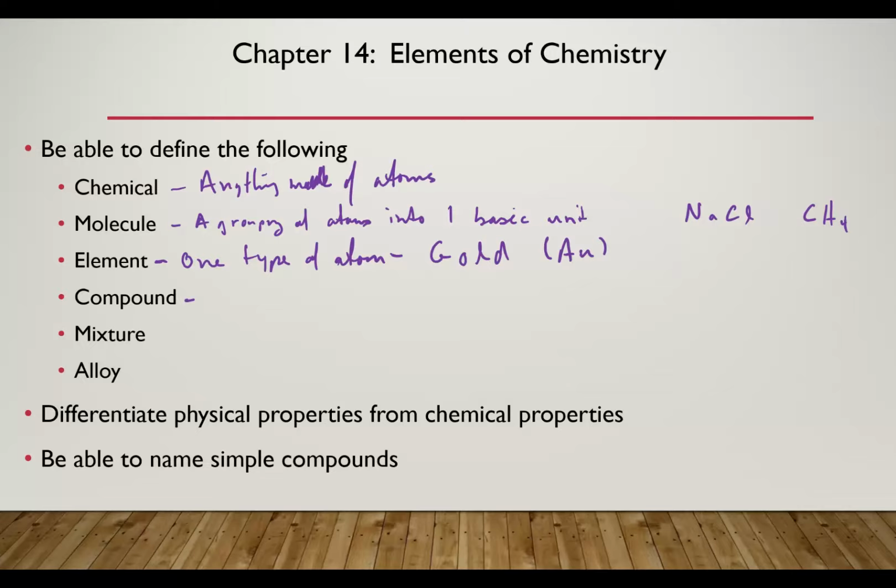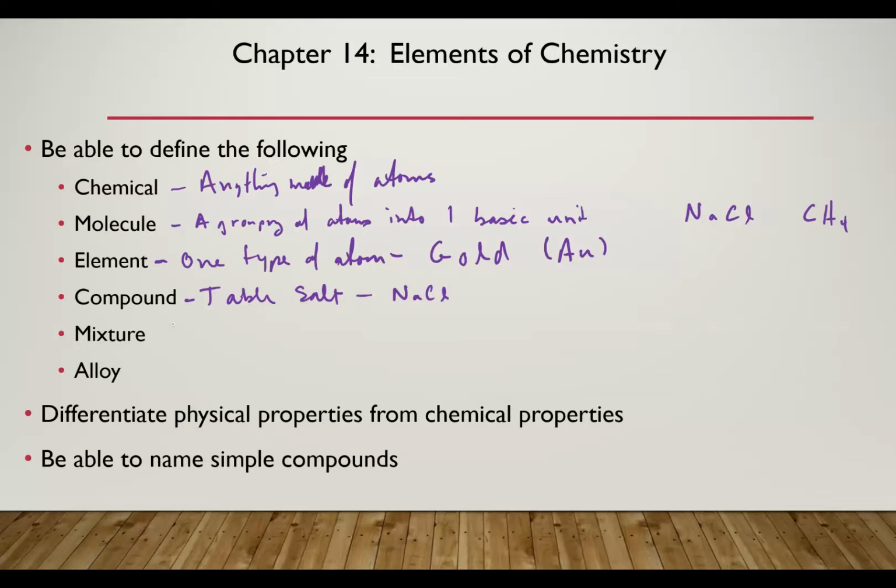For instance, if I have a block of salt, that's a compound. I should put table salt because, as you learn, table salt is not the only salt. You have a whole bunch of NaCl's, but you only have one molecule in your substance.